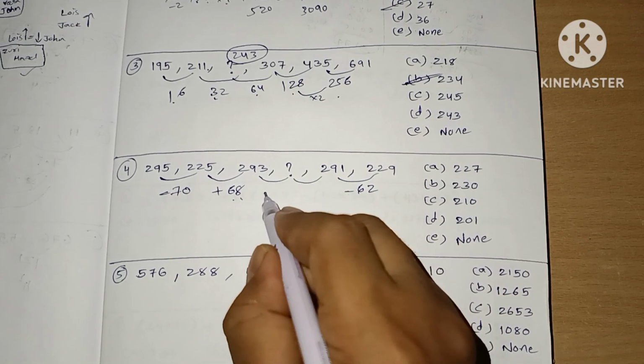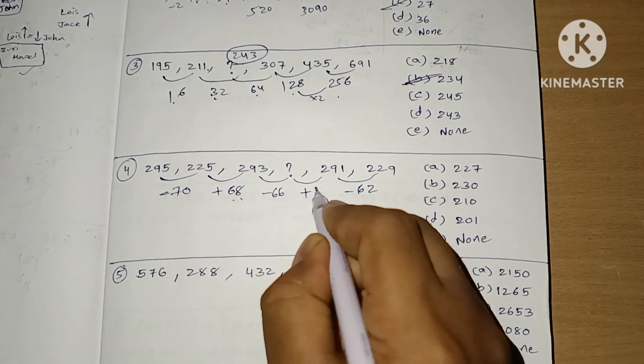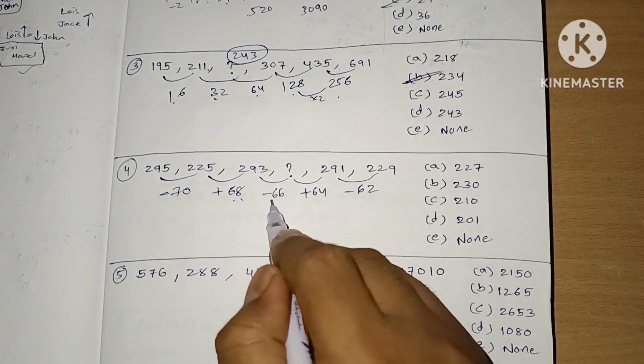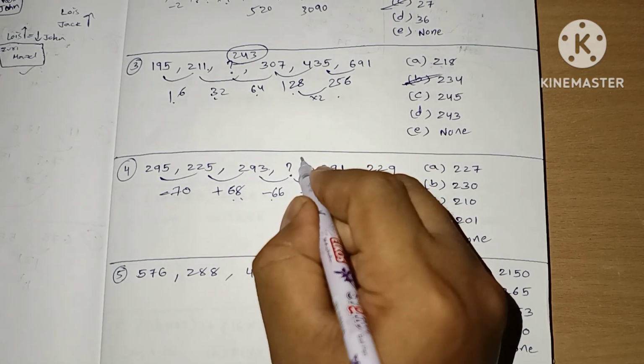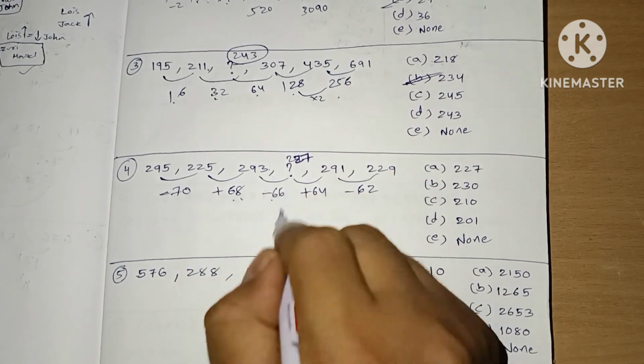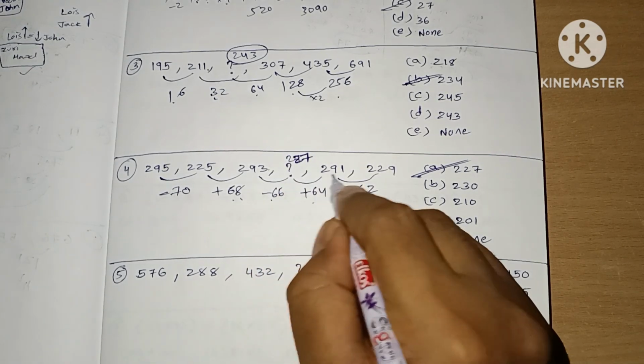So it must be minus 66. This will be plus 64. So 293 minus 66, which will be 227. 227 is our answer, option A. 227 plus 64 will be 291.